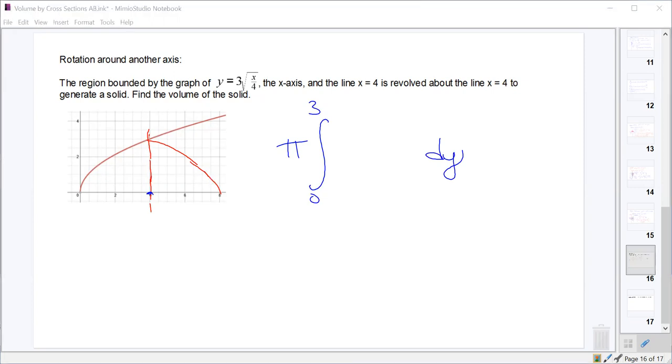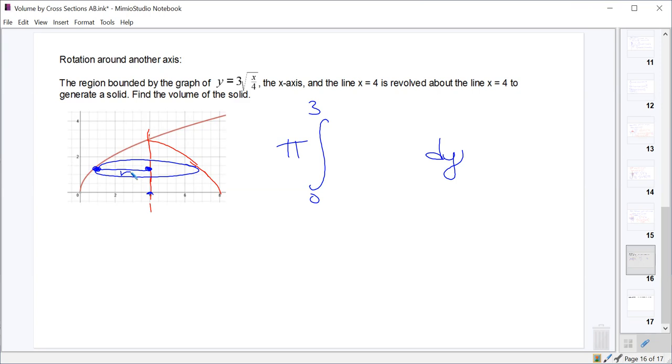All right, here's our circular cross section. Where's the radius? It extends from here to here. That's the radius. True? Y'all agree with that? Okay, well, what is that value? X over 2?